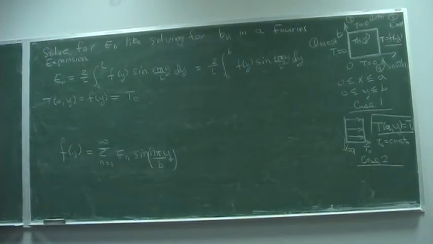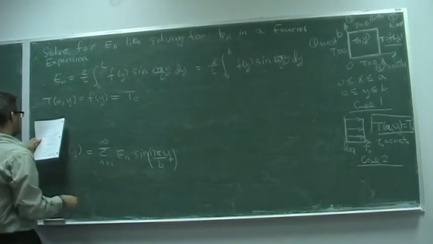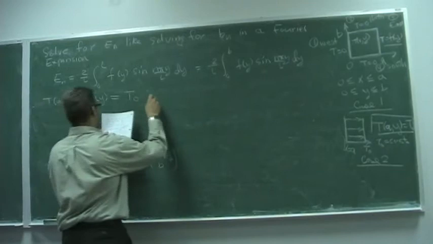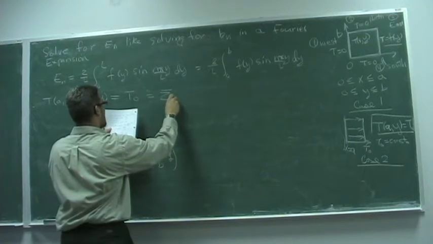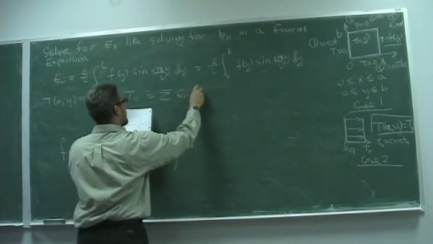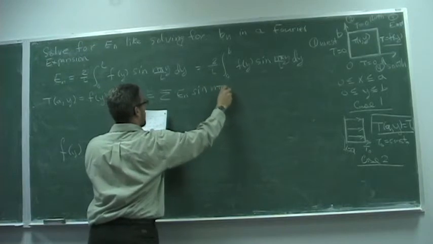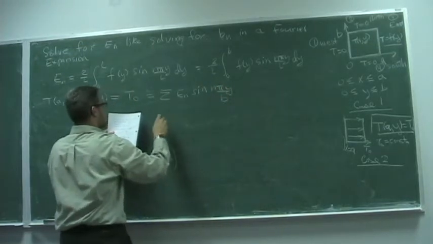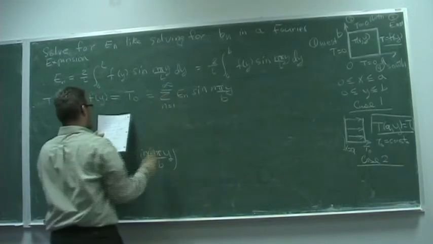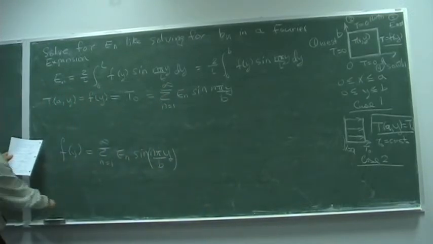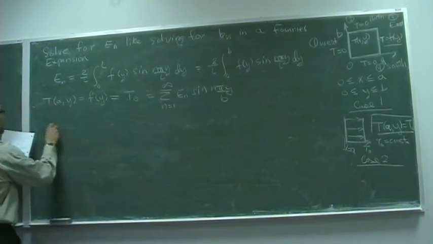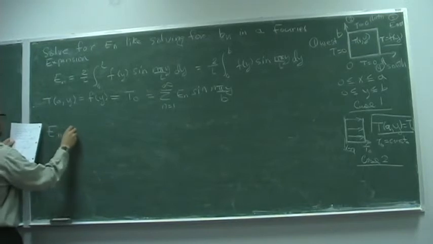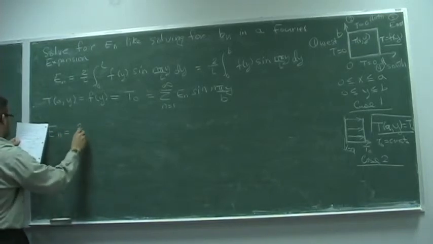So in this case we can actually substitute in and solve. When we do this, we get the summation of E sub n sine n pi y over b, n equals 1 to infinity.